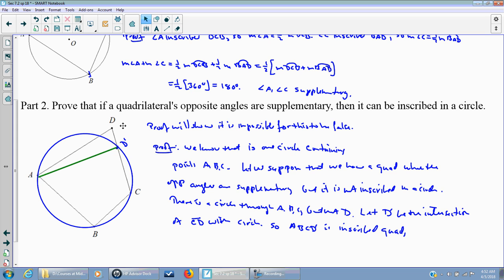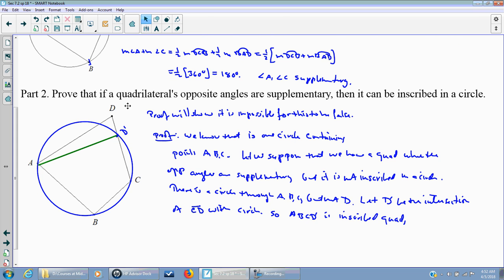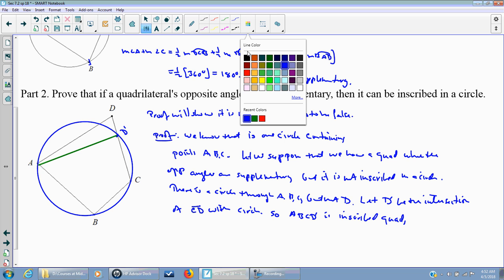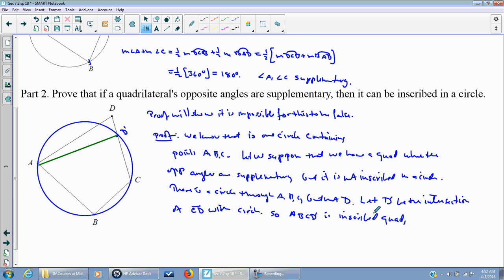And what we've already shown, in part 1, is that opposite angles are supplementary.